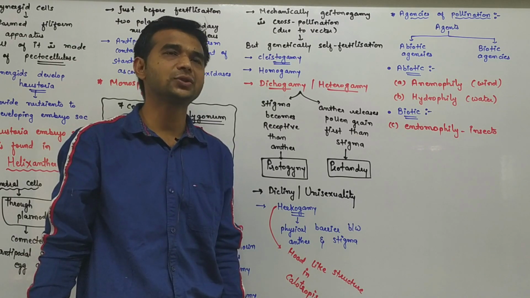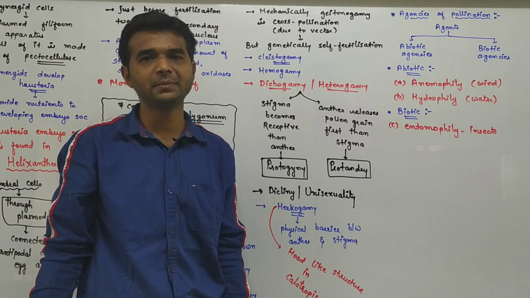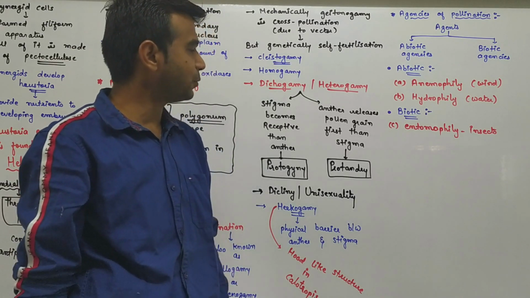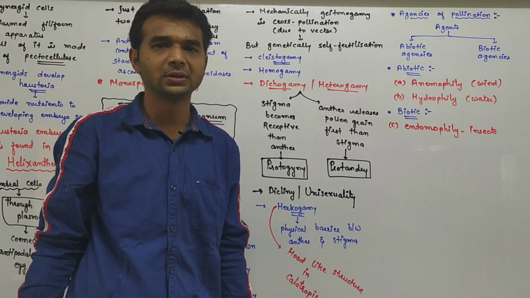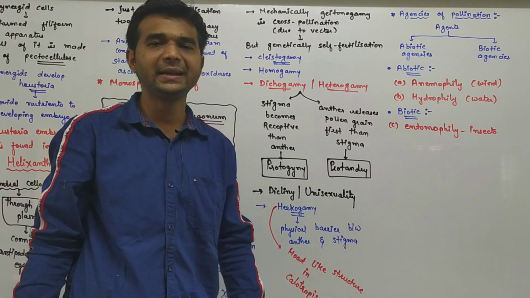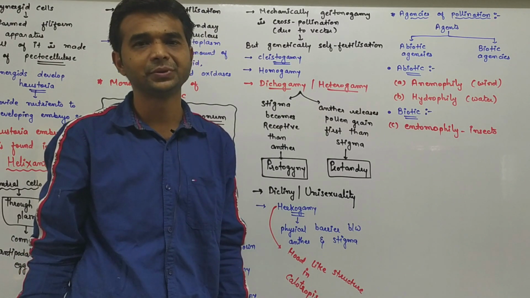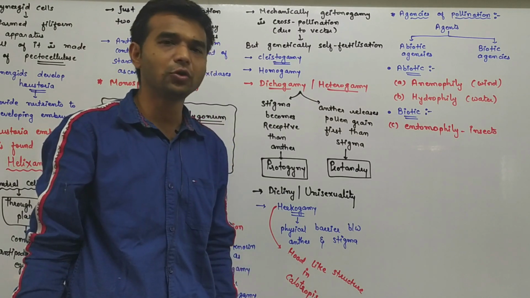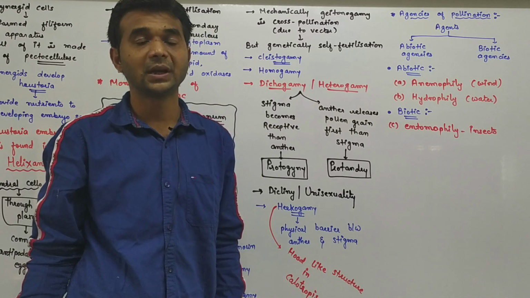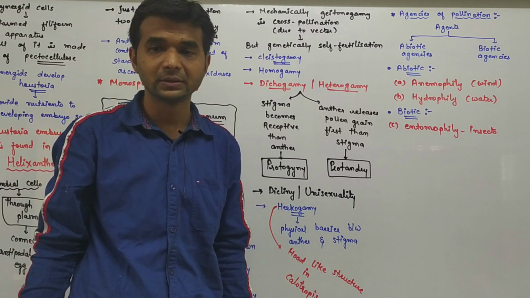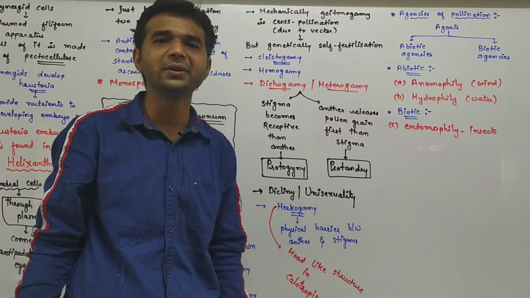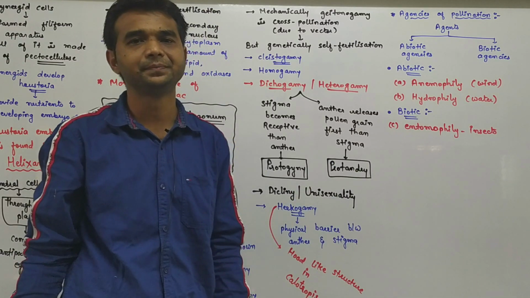But under zoophily, so many animals are included there. Fine. So if the pollination occurs through insects, known as entomophily, and here in entomophily, the most dominant organism is honeybee. Honeybee visits so many flowers and collects the nectar.